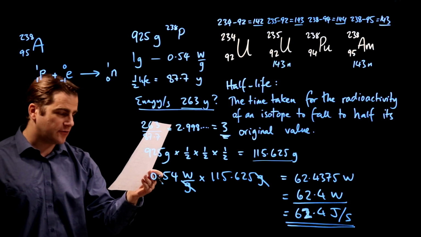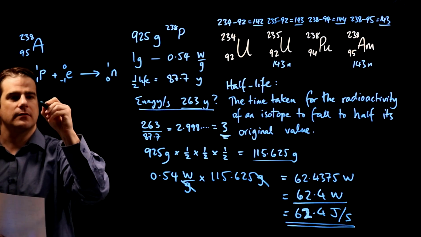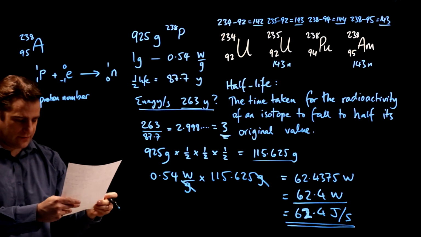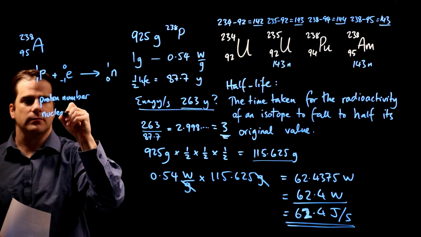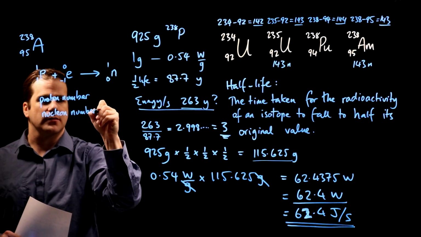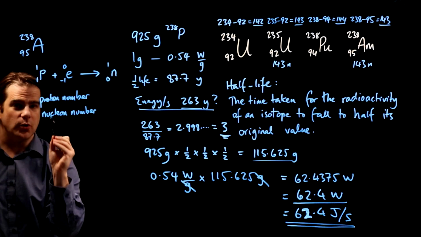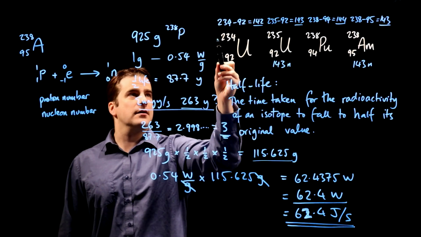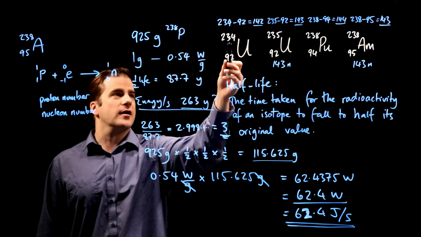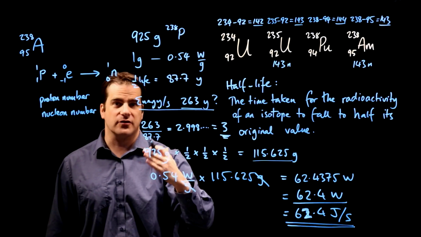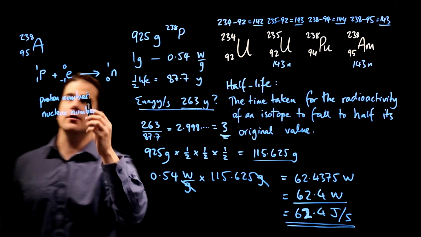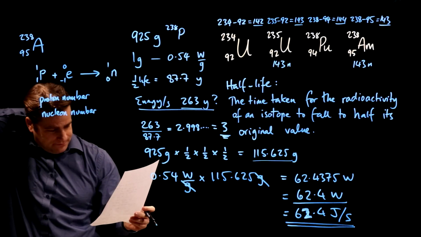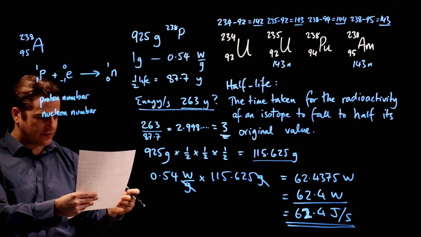Describe how absorbing an electron affects the proton number, and the nucleon number. Not the neutron number, the nucleon number, okay? The nucleon number is another way of describing the mass number. It's the number of protons and neutrons. So the nucleon number is 238 to start off with.